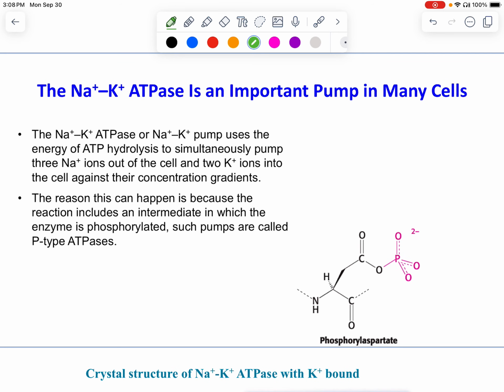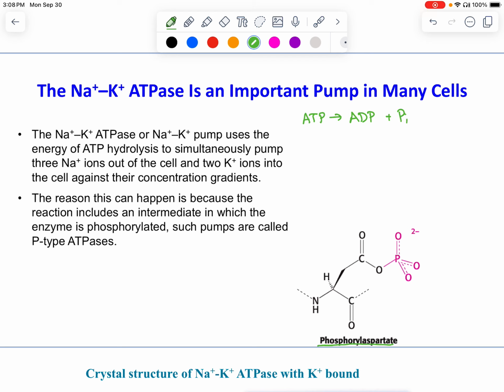As part of this, we're going to look at this phosphoryl aspartate. So we know that we have ATP, you're going to get tired of me writing this, aren't you? ADP plus the phosphate.